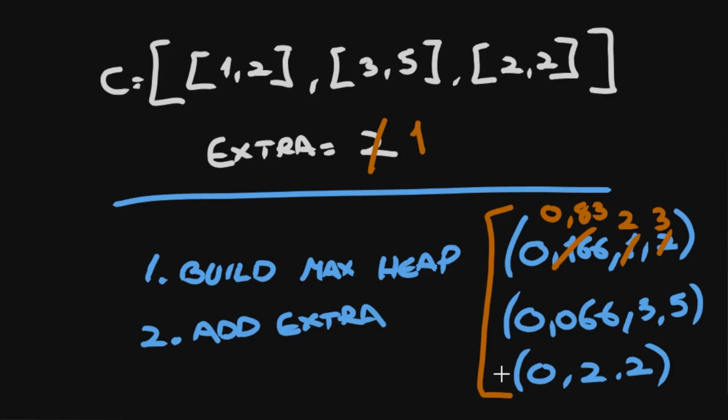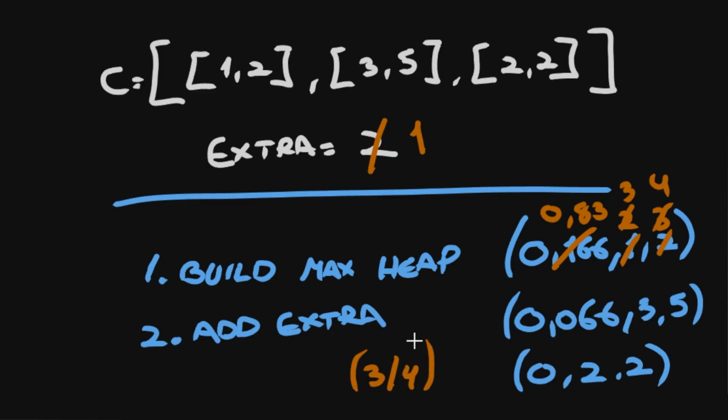We check which is the top of our max heap, and it's this one again, because this is the greatest weight among this, this, and this. So this number is now 3, this number is now 4, the current state is 3 divided by 4, the new state is 3 plus 1 divided by 4 plus 1, and the contribution is this minus the current state.